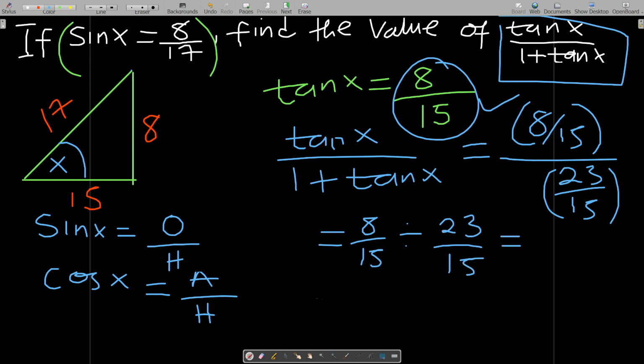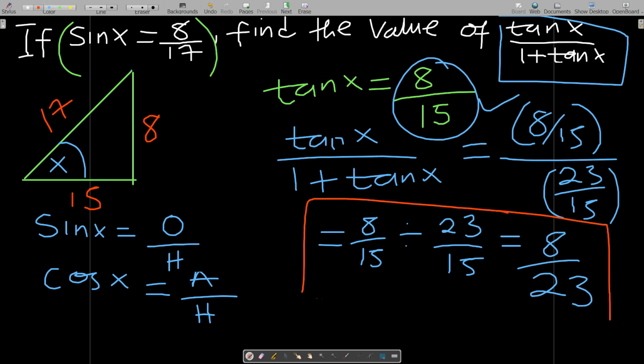So you can go to your calculator and punch it: 8 over 15 divided by 23 over 15, and that will give us 8 over 23. So this is the solution to the question, the value of tan x over 1 plus tan x.